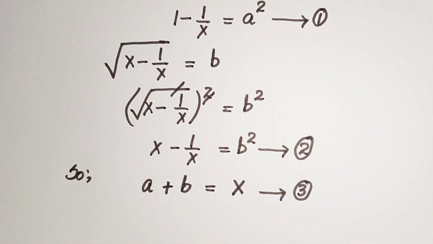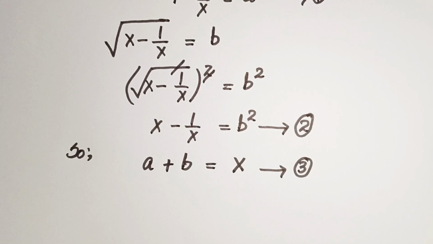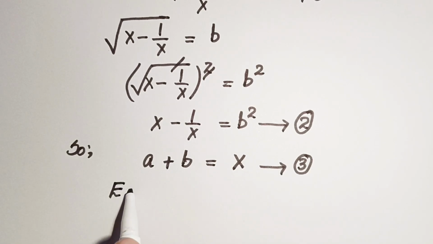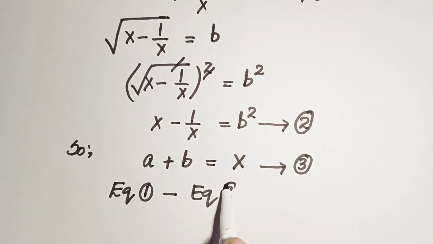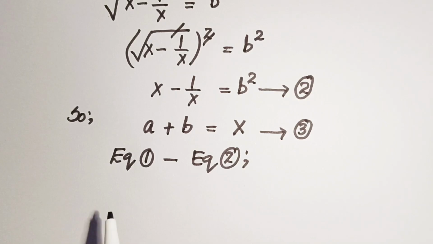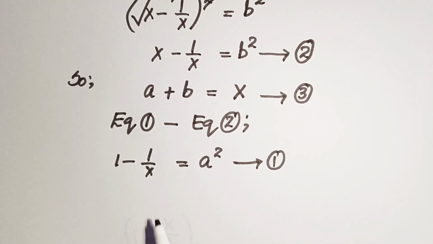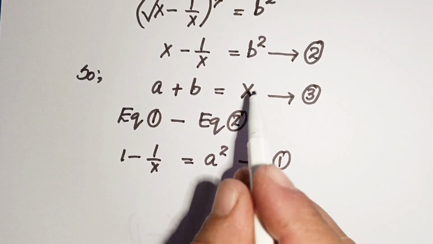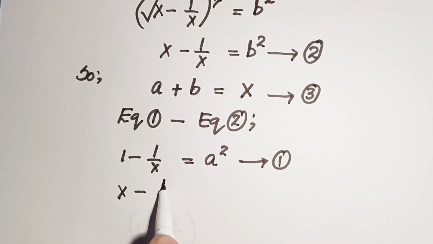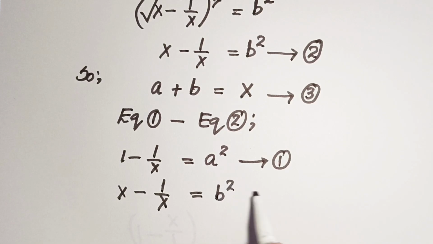Now if we subtract equation 2 from equation 1, we have equation 1, that is 1 minus 1 over x is equal to a squared, and equation 2, x minus 1 over x is equal to b squared.